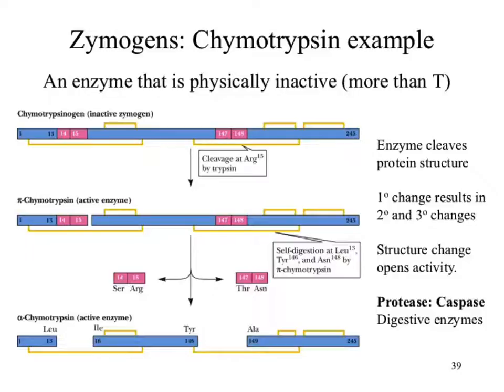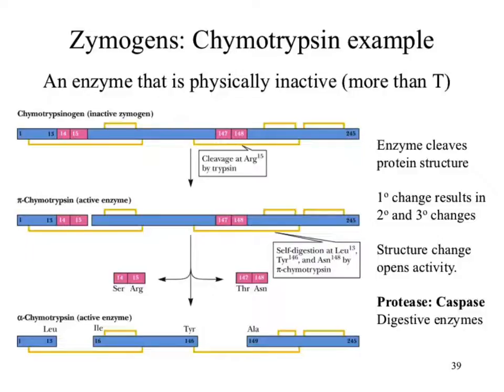The zymogen is just saying we have an inactive form of an enzyme and it needs to get adjusted somehow to form the active form. That somehow needs to be an active bond cleavage. So we start with our zymogen form. An enzyme comes in and says, hey, you need to be activated. I'm going to cut something. We did a quick cut.